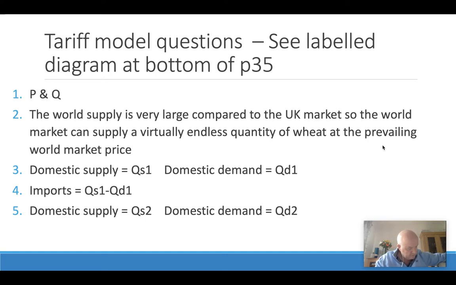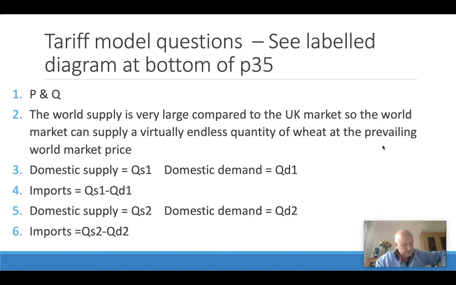We then take a look at question 6. What is the level of imports if the UK imposes a tariff on imported wheat which raises the price to PW plus T? So in this instance, that would basically mean that our imports would now be QS2 minus QD2.